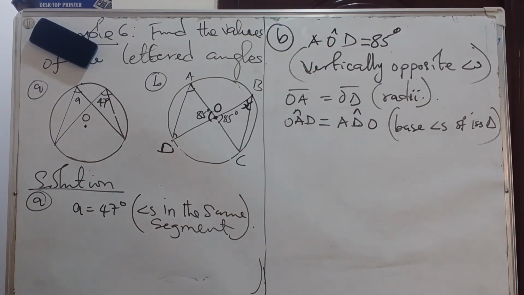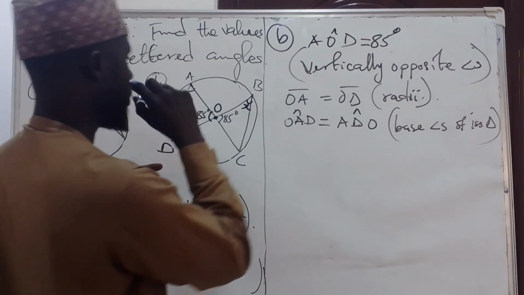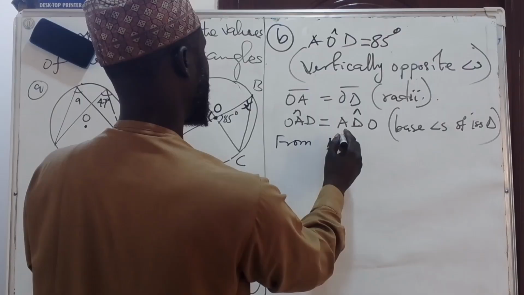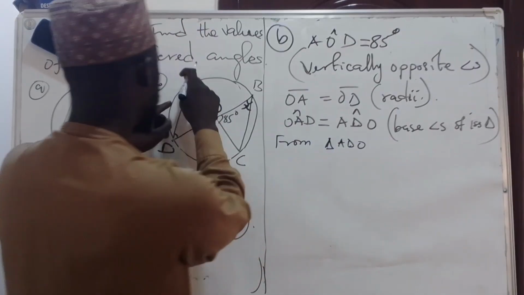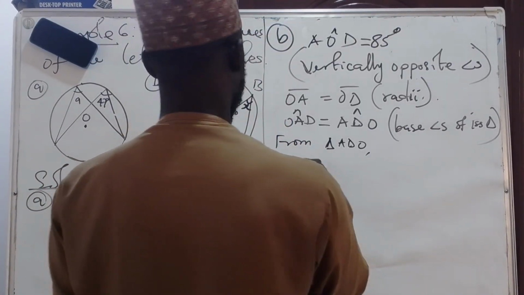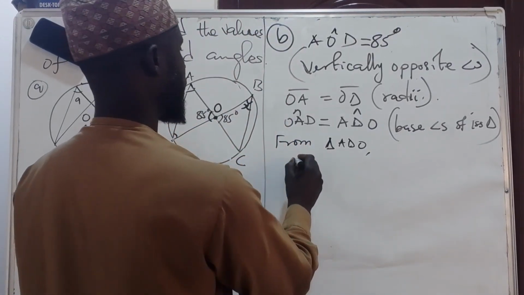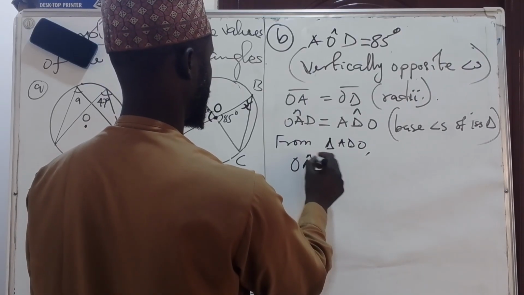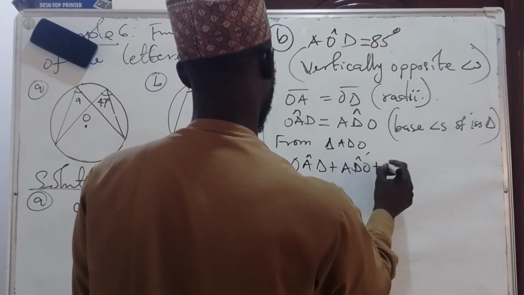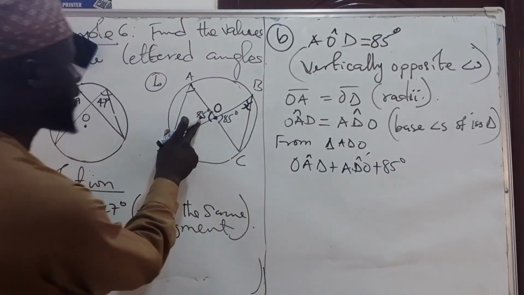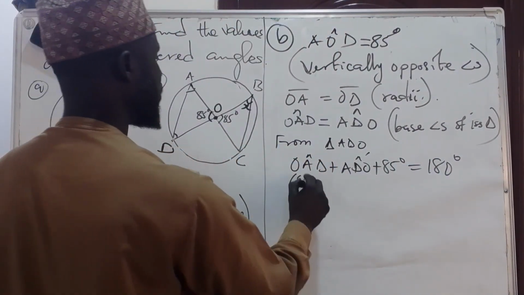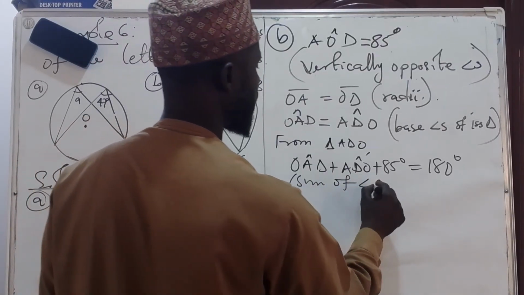Now from the same triangle ADO, in this triangle, you have that OAD plus ADO plus 85 degrees is equal to 180 degrees. Why? You have to state the reason: sum of angles in a triangle.